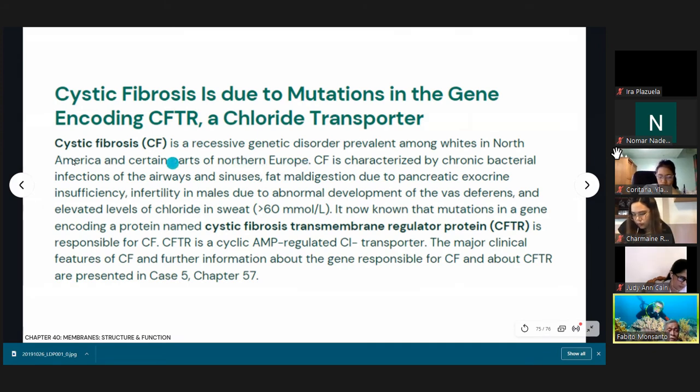Both of these countries have cold winter. Very cold. And what does that have to do with mutation? Cold countries.